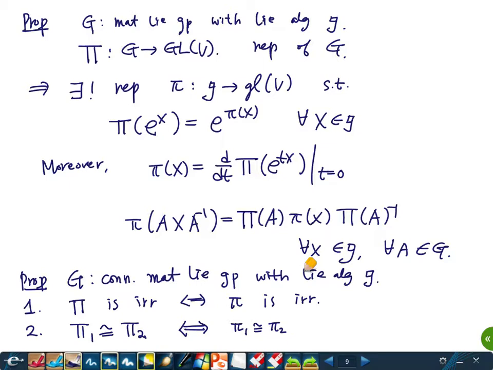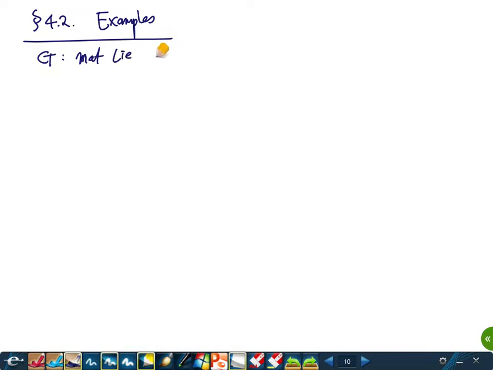And now, I only talked about the general definition, so I'm going to give you some examples. Some typical examples, so you will see them quite often, I guess. Matrix Lie group.